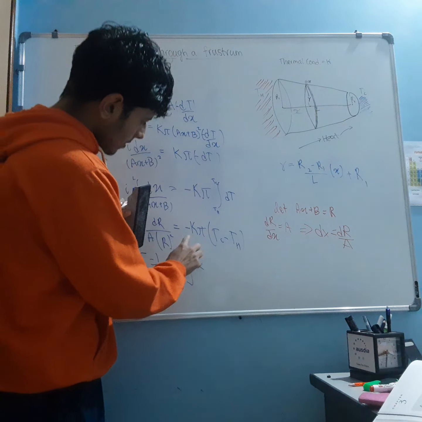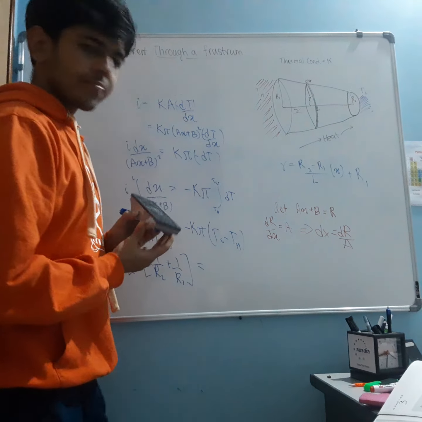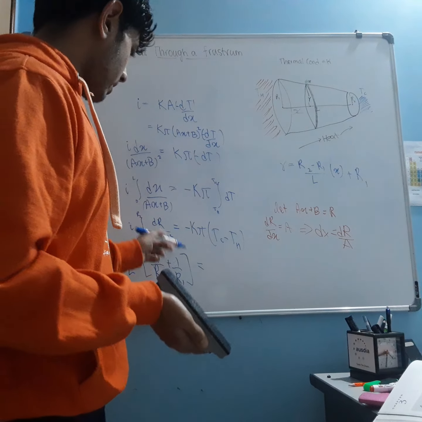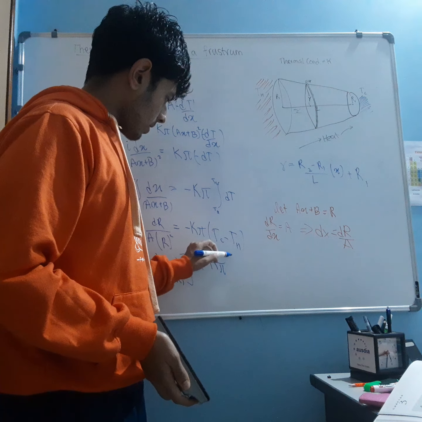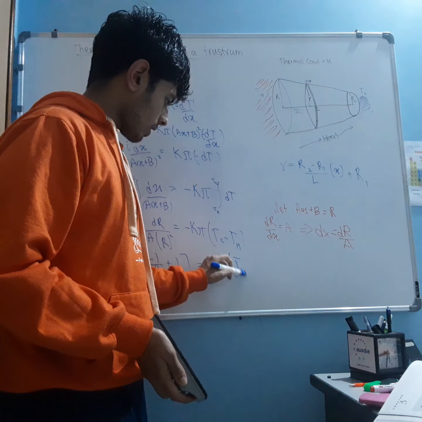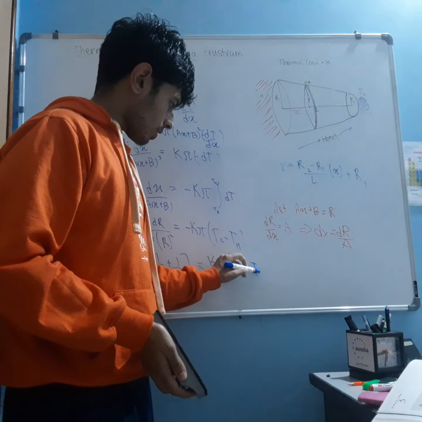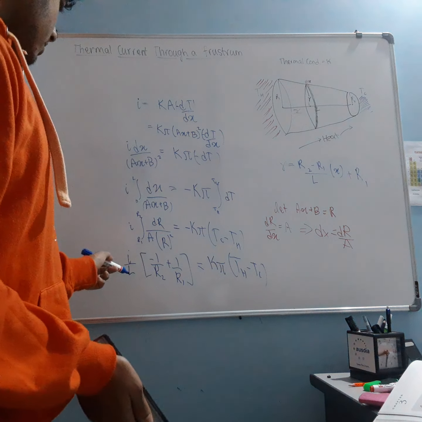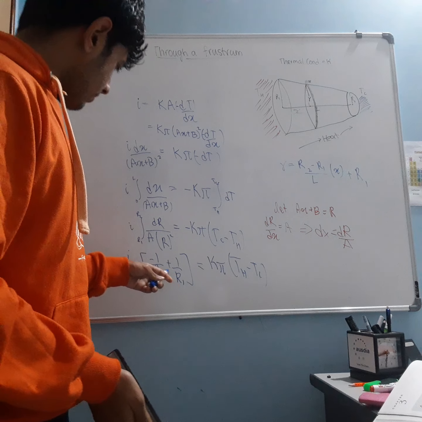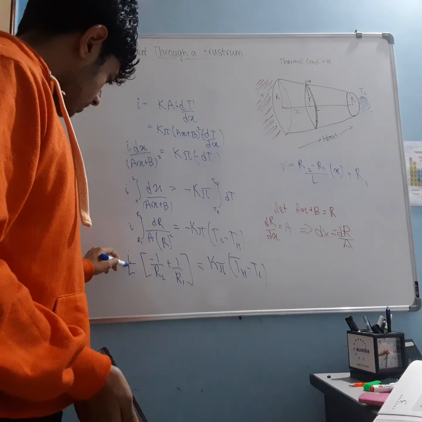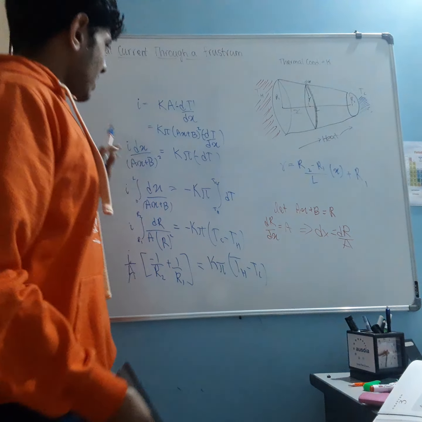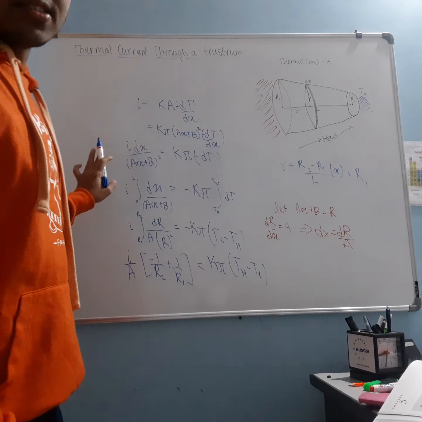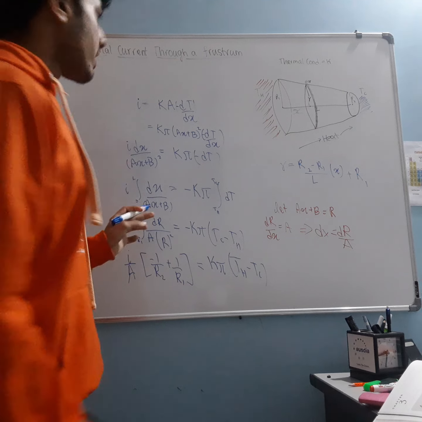I can just multiply this negative sign inside because it'll simplify it quite a bit, which is k pi into Th minus Tc. I mean, my bad. Let me clear some space. You can pause the video and analyze this if you want, because I'll be erasing this right now.